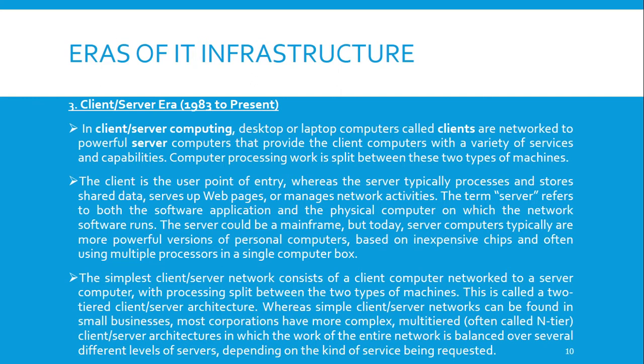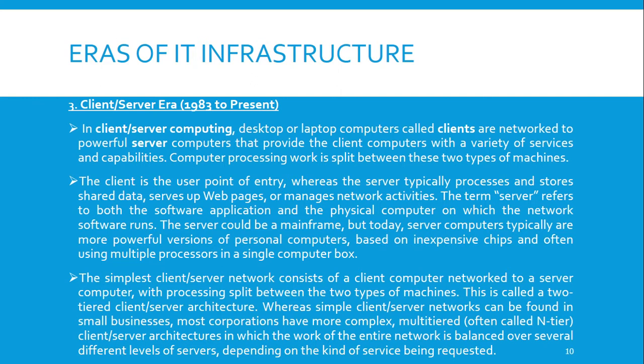So today we see dual core, quad core, these types of processors. Since we can have multiple processors, we don't need mainframes. Rather, these personal computers have become powerful enough to serve the same functionality as mainframe computers.